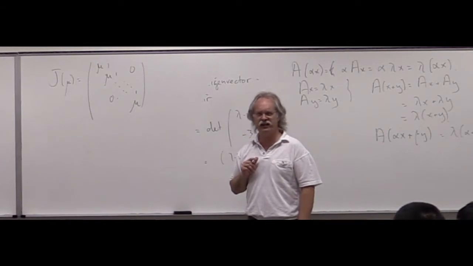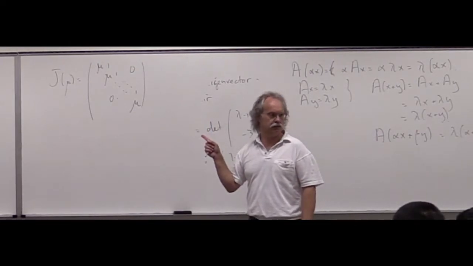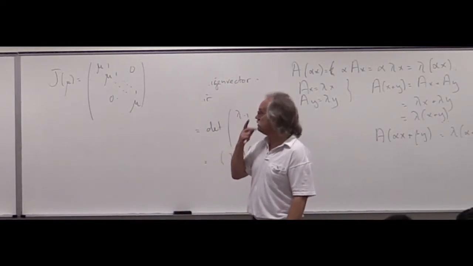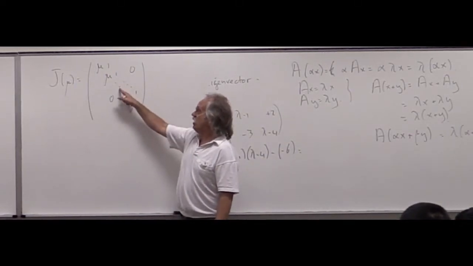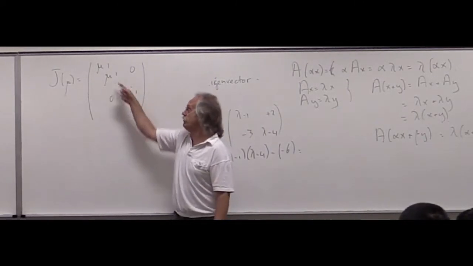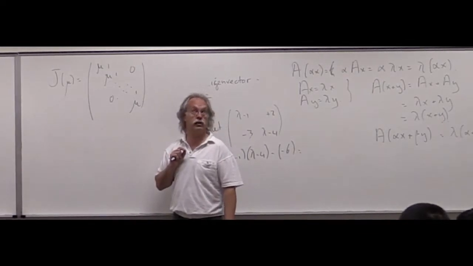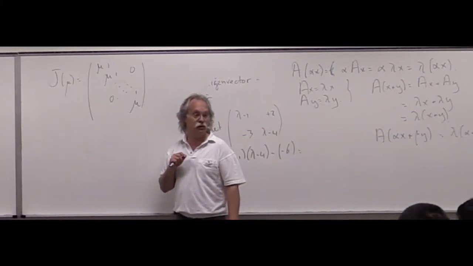Do you happen to remember how to find the eigenvalues of an upper triangular matrix? They're all on the diagonal. Why is that? Because if you subtract from this matrix an element on the diagonal, you end up with 0 on the diagonal. If you have 0 on the diagonal of a triangular matrix, you end up with a singular matrix. So it's easy to find all of the eigenvalues on the diagonal of a triangular matrix. And of course, a diagonal matrix is a special case of a triangular matrix, so the same observation holds for a diagonal matrix.